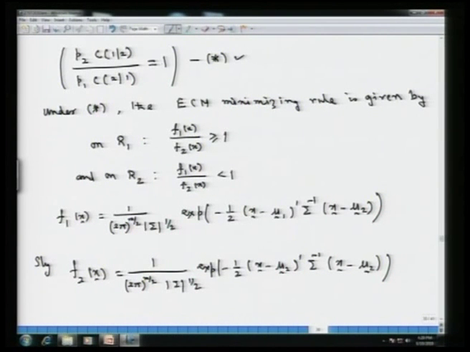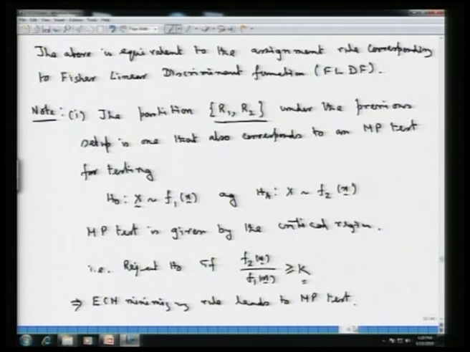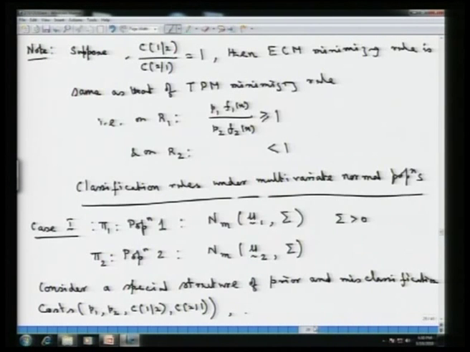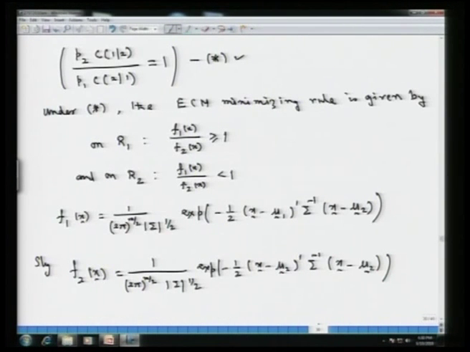So, it is not always true that we will be having this. So, what happens if we have got a general cost structure and a prior probability such that the ratio is not equal to 1? So, in general, if we have got that P1 C(2|1) divided by P2 C(1|2) is not equal to 1, then the previous derivation of the rule still holds, with a rider that this term here is going to get multiplied by this particular ratio.